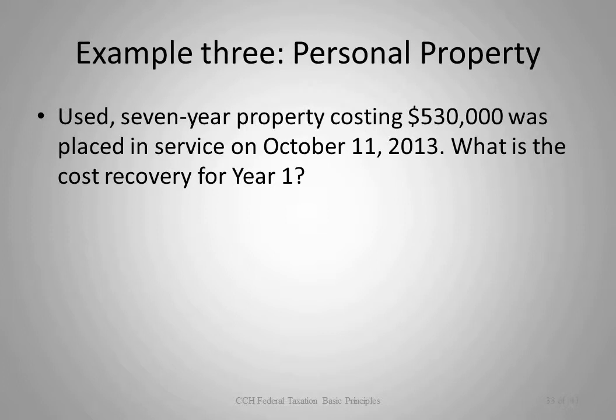So you're going to use number 3 and number 4 to determine whether or not you were entitled to bonus depreciation, and then to determine whether it was half year or mid-quarter. That's what 4 on the checklist does. And once you've answered that, you can go to the tables, because I've told you to use double declining balance. So you're going to use the table in the handout using the 7-year table.